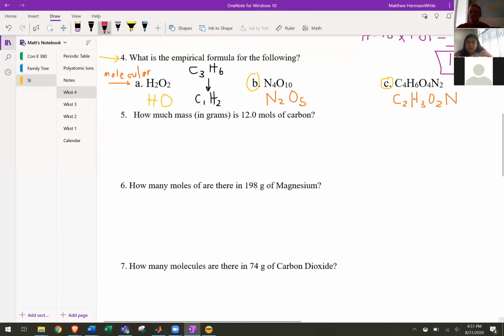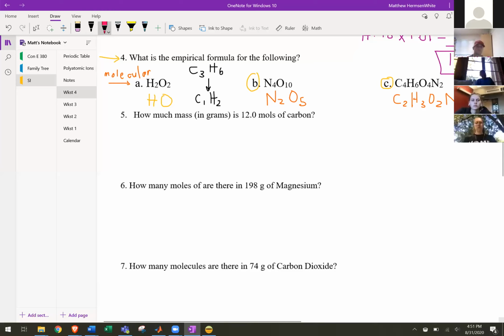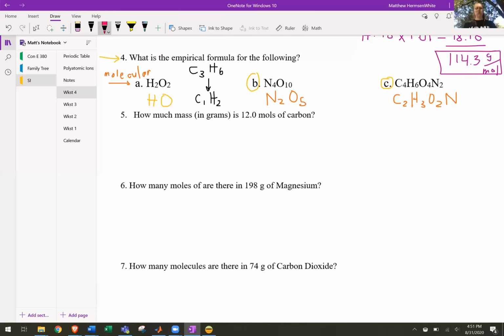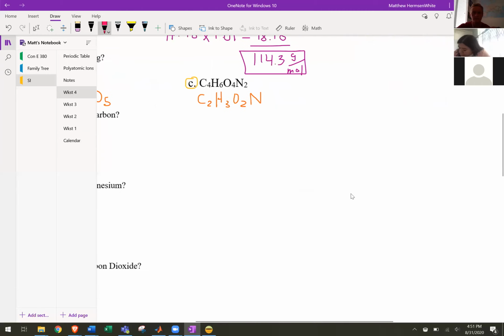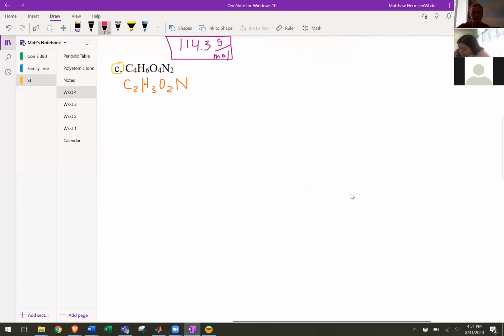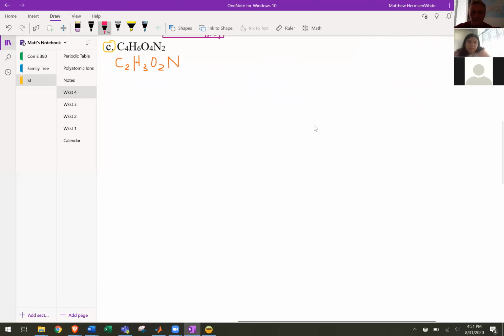Okay, so let's get on to some actual stoichiometry calculations. Now there's sort of this pathway that we have to take if we want to go from different states.